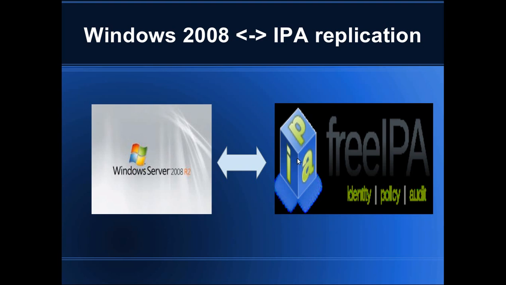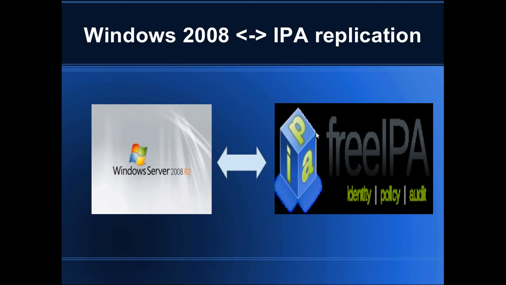So IPA provides us a plugin, which is WinSync, which takes care of modifying the entries which are replicating from Windows Server to IPA server. Because if we add a user in Windows Server, he should be given certain extra attributes corresponding to POSIX account and POSIX group. So the WinSync plugin takes care of that particular issue.